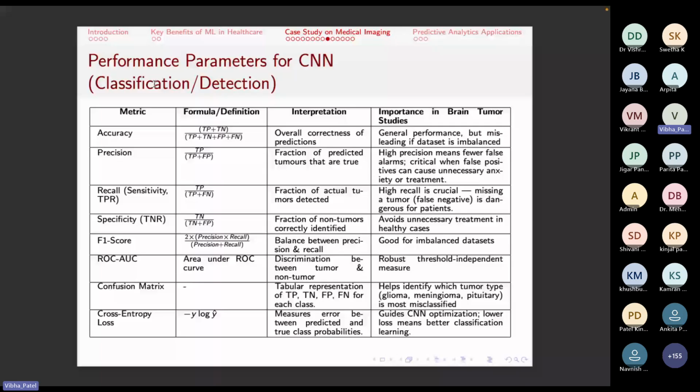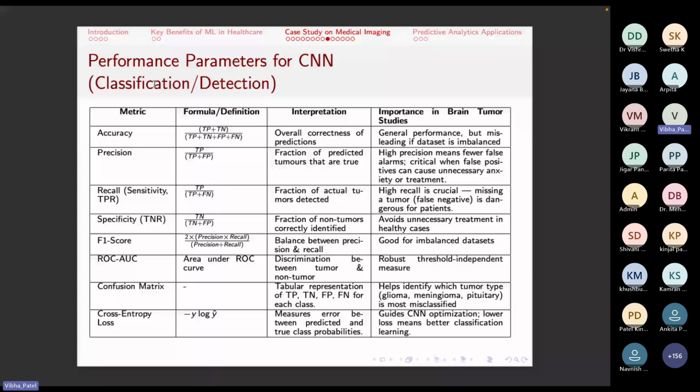So if you talk of precision, precision is the ratio of TP upon TP plus false positive. We want to reduce the impact of false positive. If the precision is high, it means the false positive impact is less, which in turn indicates that you are not giving treatment to someone who is not suffering from tumor.